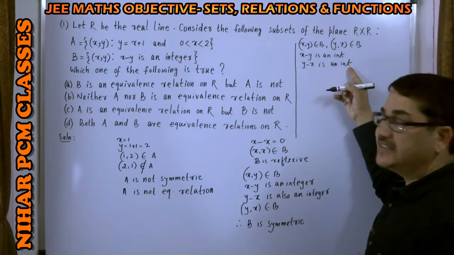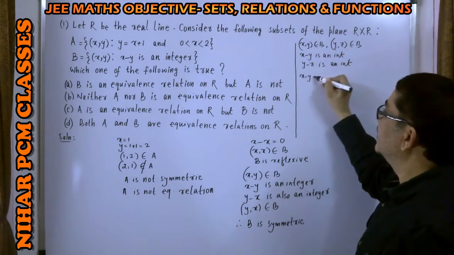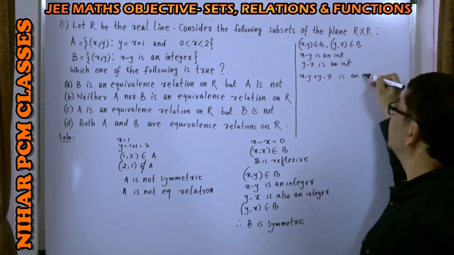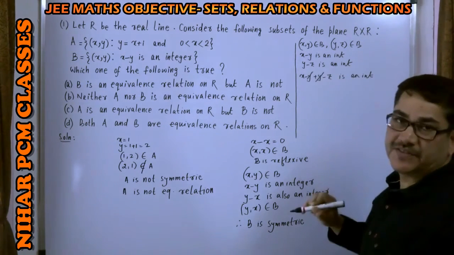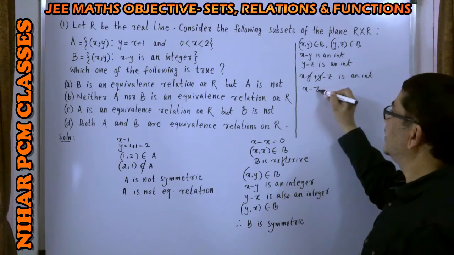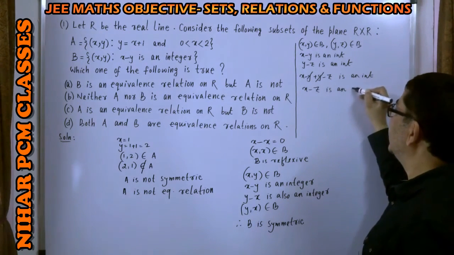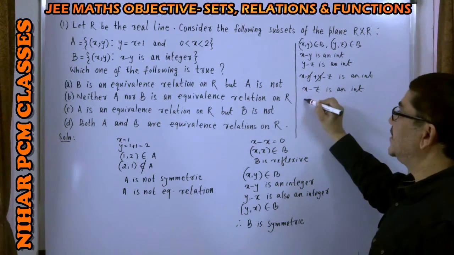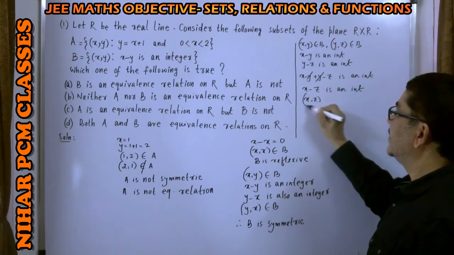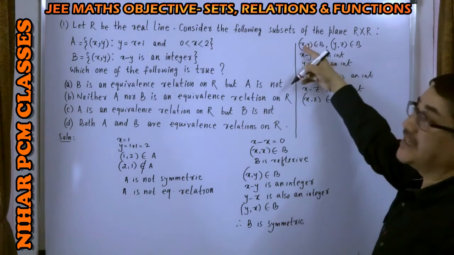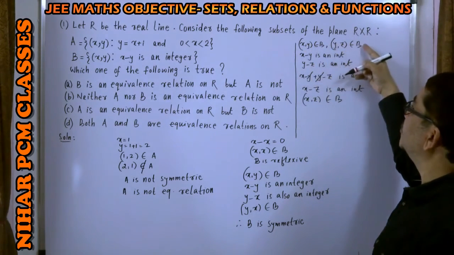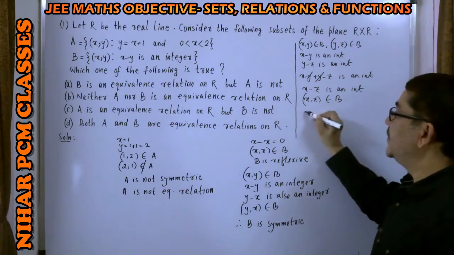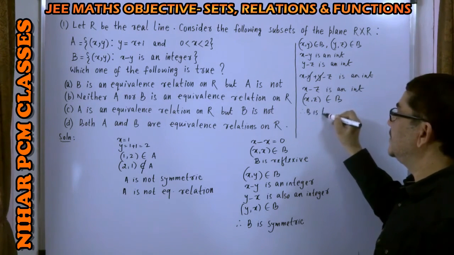Integer plus integer is an integer. So x minus y plus y minus z is also an integer. Y cancels out, so x minus z is an integer. This means, according to this definition, (x, z) belongs to B. So (x, y) belongs to B and (y, z) belongs to B imply (x, z) belongs to B. Therefore, B is transitive.